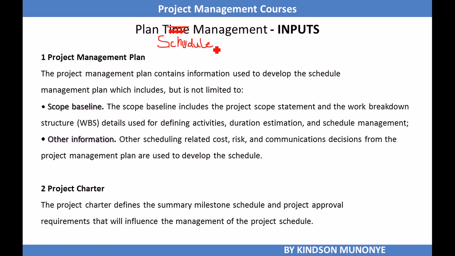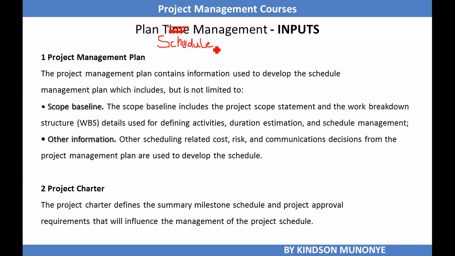The project management plan contains baselines. For instance, it contains a scope baseline, which is made up of the project scope statement, the WBS and the WBS dictionary. The project management plan also contains other information related to costs, for instance the baseline, the risk management plan, and other information needed to plan the schedule management process.